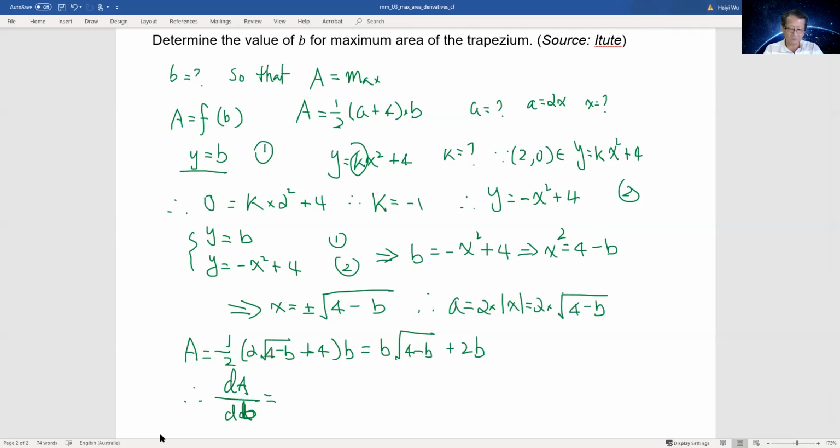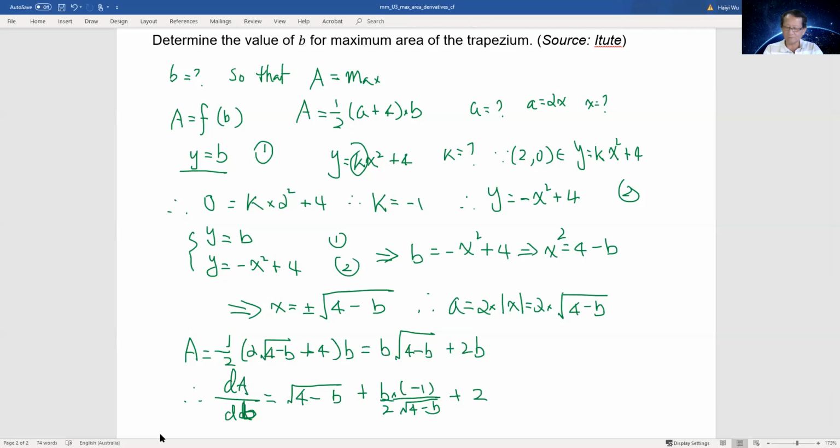So we have b times the derivative of the square root of 4 minus b, which is divided by 2, and then you'll get, so obviously this will go down, times by negative 1, and plus 2. So 2b becomes 2.